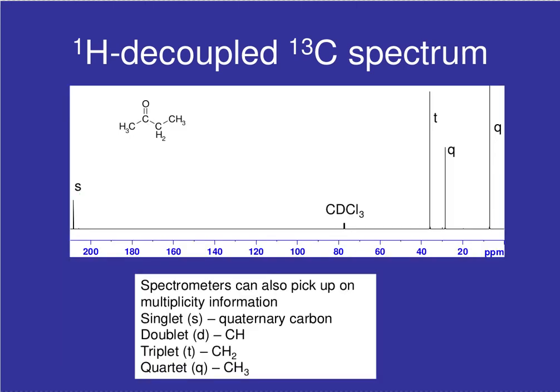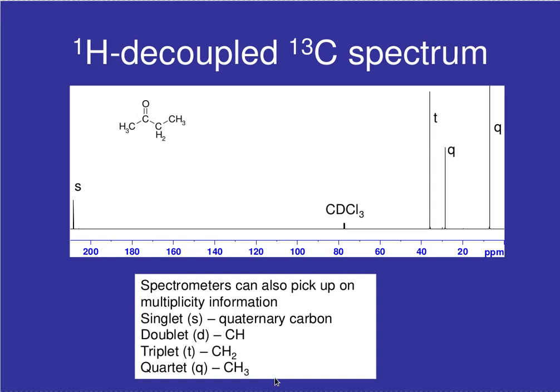Carbon-13 spectra often come with another source of information. There are other experiments that I will not go into detail with, like the attached proton test and the DEPT 135 experiment. These provide information on the number of protons that are attached to a particular carbon. So these can pick up whether a carbon is quaternary or if it's a CH or CH2 or CH3.